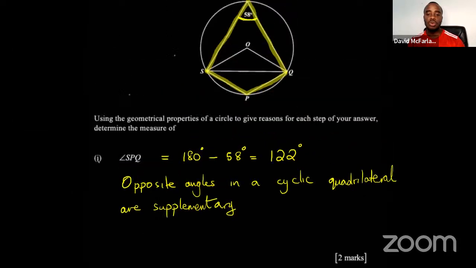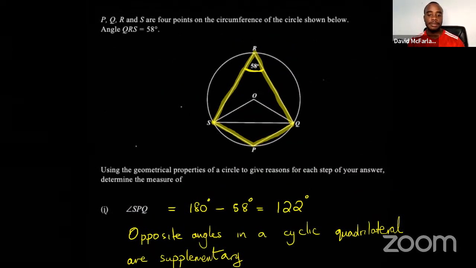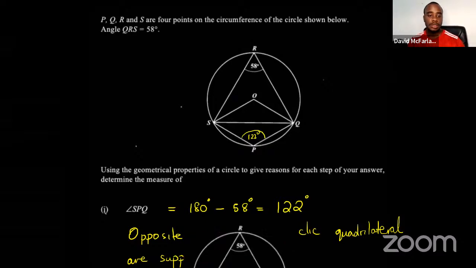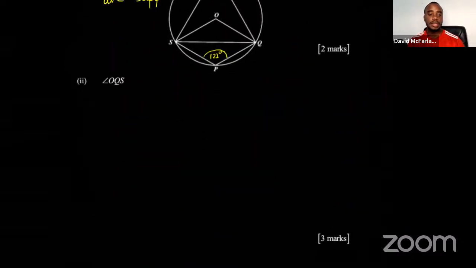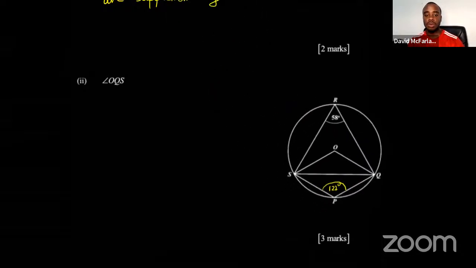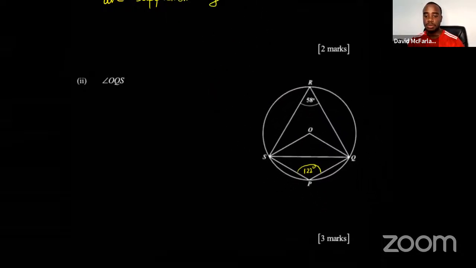All right, OQS. So let me copy this diagram. So we just found out SPQ is 122. All right, so now we want to find OQS, and this would be OQS right here.